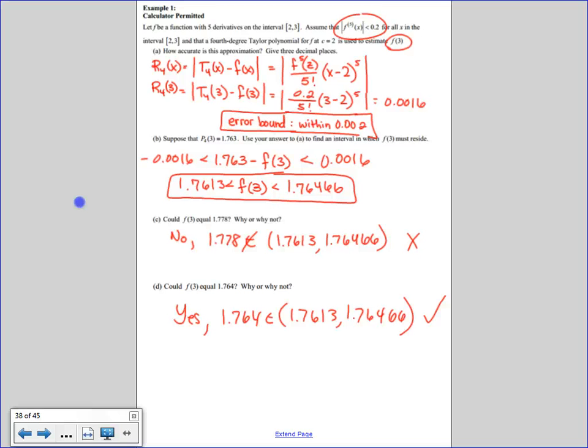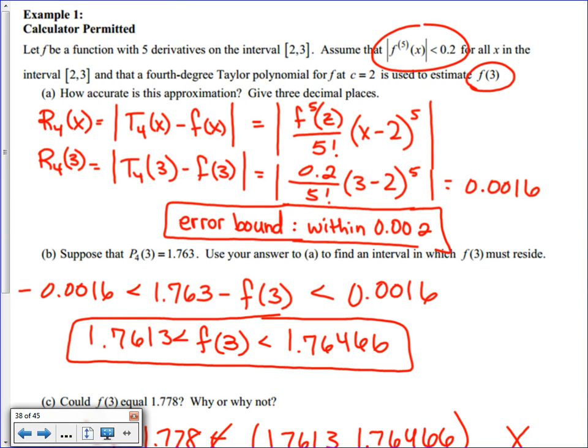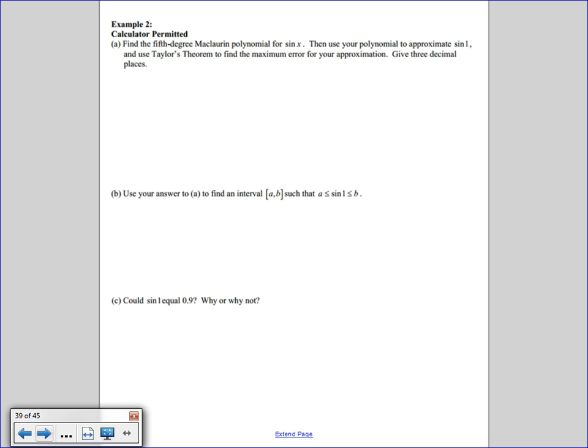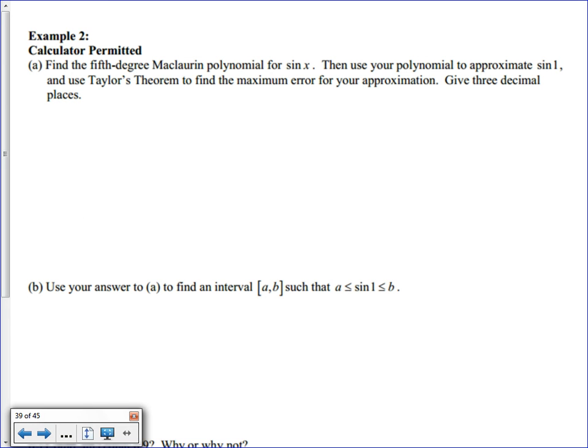Now, in this one, the example didn't actually state Lagrange error bound, but that's what we were supposed to use, right? Because we were trying to maximize our error. We're only as accurate as our maximum error. What does example 2 do? Maximum error, there it is. They didn't actually say it, but once again, what are we going to have to use?